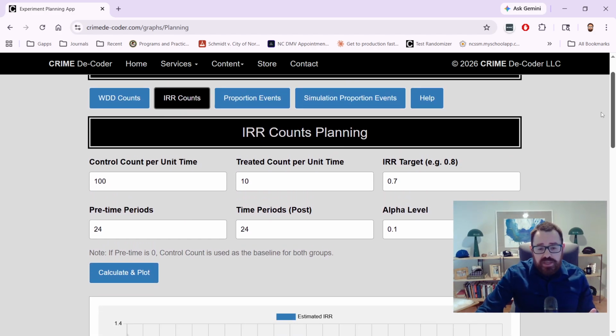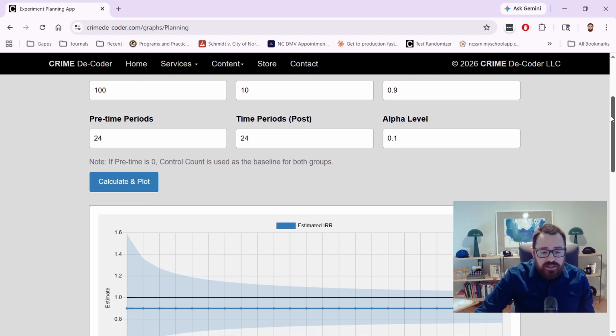Now, this is basically a best case, or a guess about what you think is technically possible with your intervention. Sometimes when you're planning, you want to be conservative. So you might think, maybe I can only reduce it by 10%. Let's see.